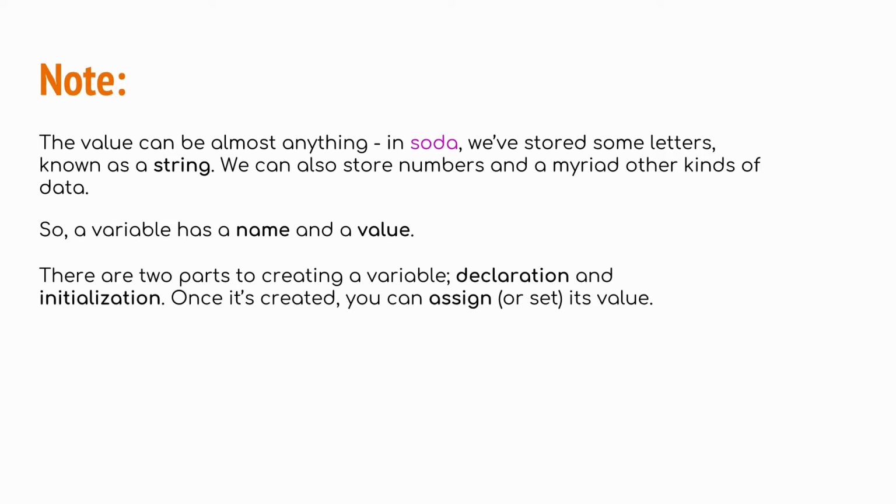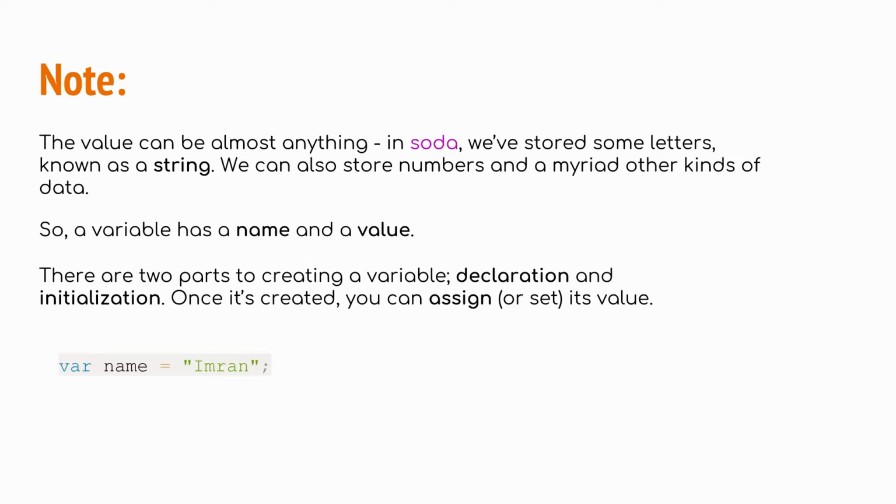Now while making a variable in JavaScript, there are two parts, declaration and initialization. Giving a name to a storage space is known as declaration, and assigning an initial value to a variable is known as initialization. These two processes can be done separately or together.